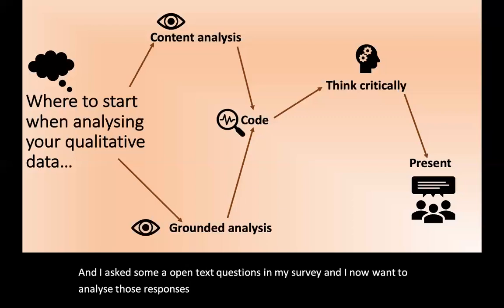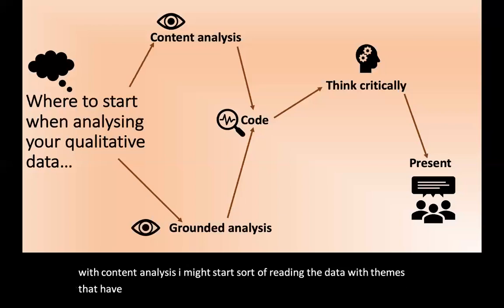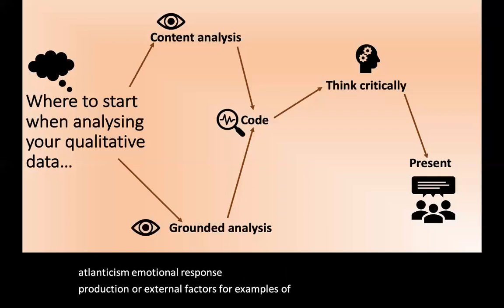With content analysis, I might start reading the data with themes that have already been established. So for example, we could say skill and athleticism, emotional response, production, or external factors, for example, front of house, that sort of thing.